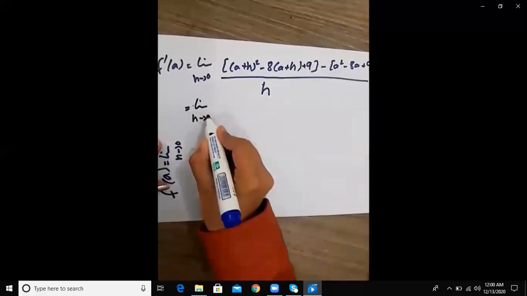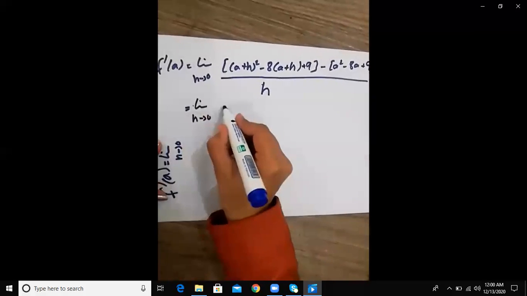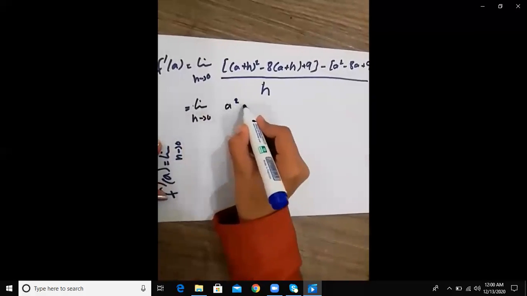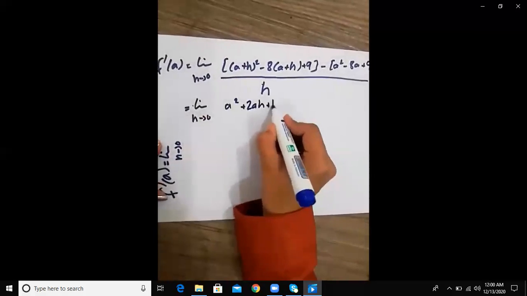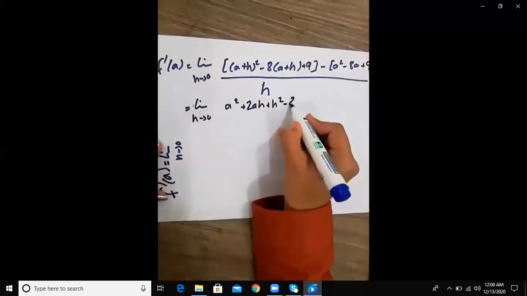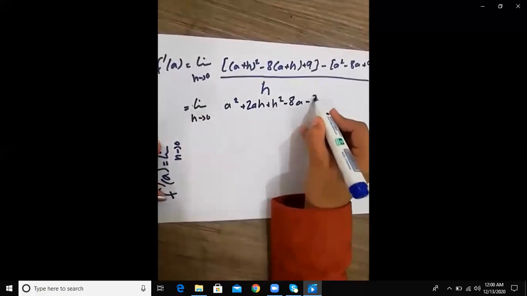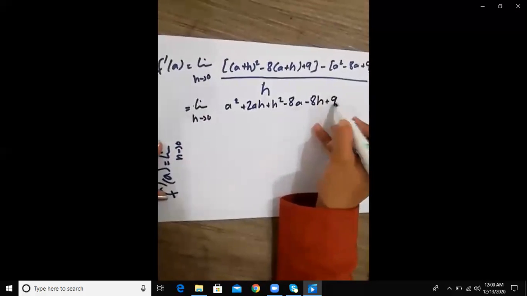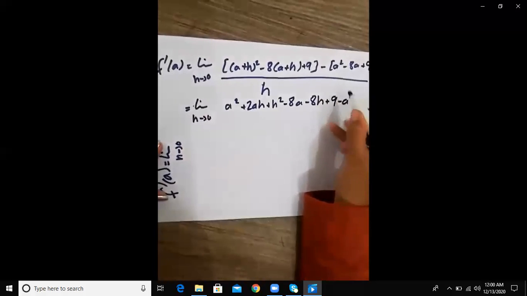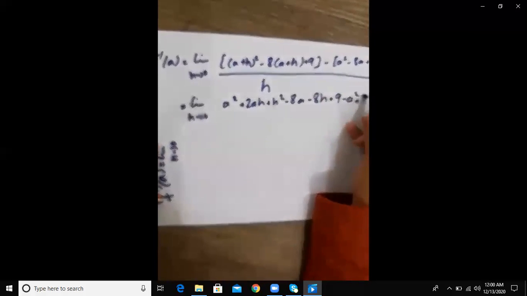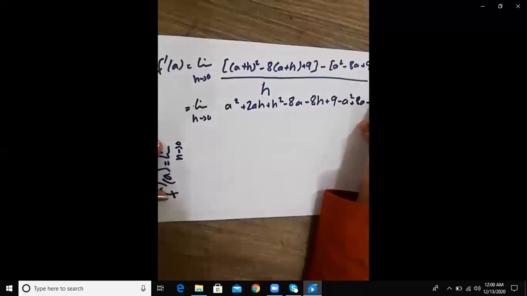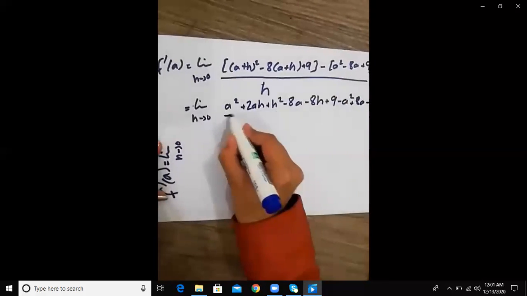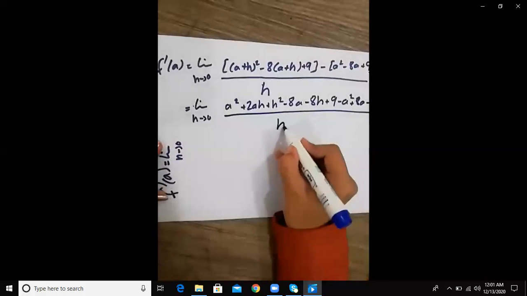So the limit as h approaches 0 is equal to, opening the formula, a square plus 2ah plus h square minus 8a minus 8h plus 9 minus a square plus 8a minus 9, all divided by h.